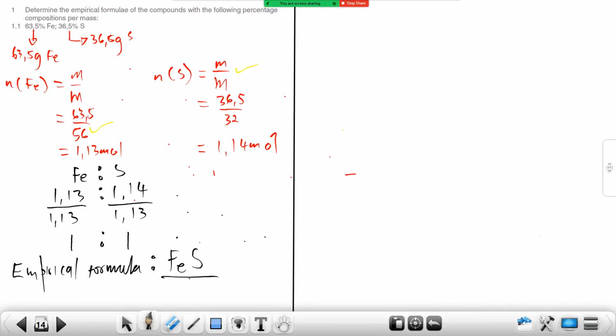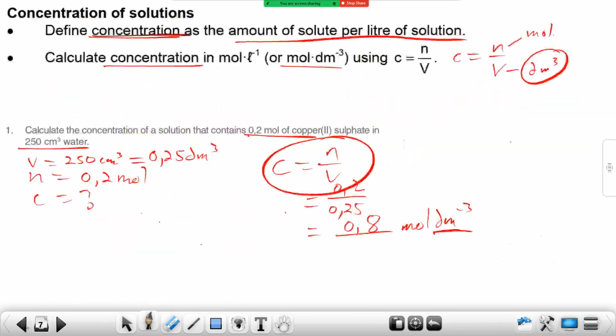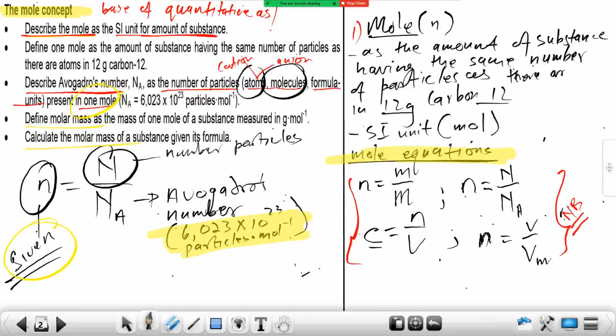So the only way of converting the mass to moles is through this particular equation. But if I was given the number of atoms of iron, what was I going to do? Definitely, I was going to use this particular equation here, n equals N over N_A, as long as the key and the starting point is getting the number of moles.